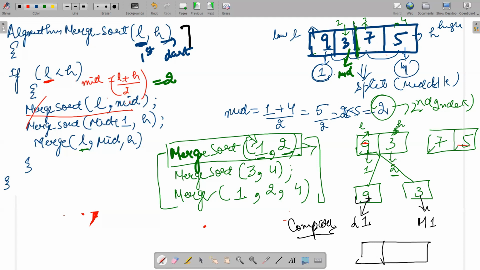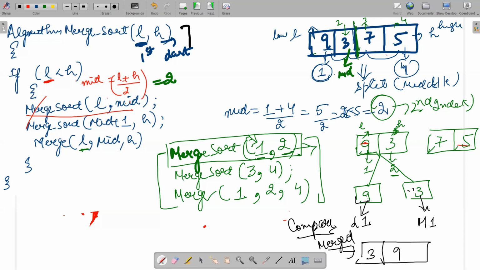If we solve 9 and 3, whichever is less will come over here, and whichever is greater will come on the right side. So it means their solution is merged.